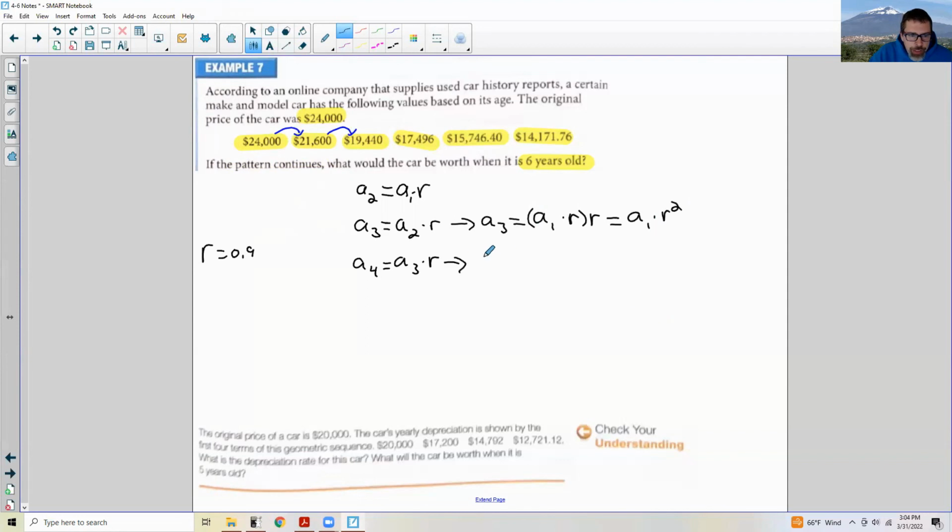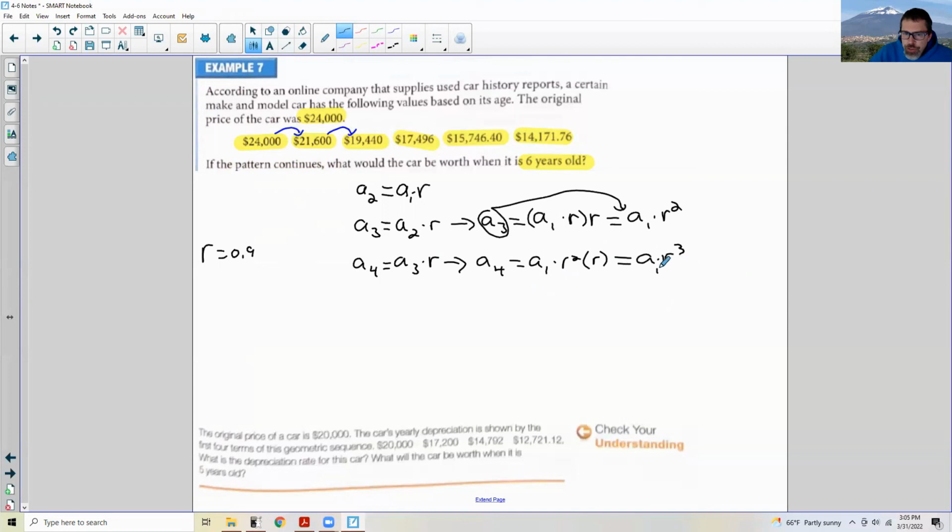And in this situation, we get a sub 4 equals a sub 3, which is a sub 1 times R squared. There's my a sub 3, right? Substitute that in times this R here. And that's therefore going to equal a sub 1 times R to the 3.